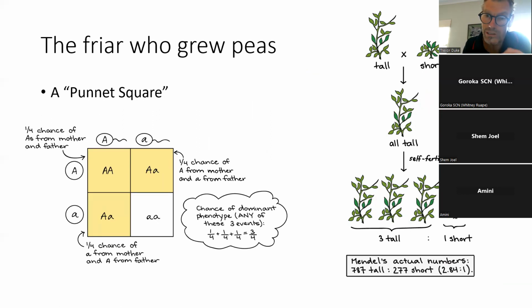He worked out that if you cross a tall pea plant with a short pea plant, then the result is you get all tall peas. But if you then allow that tall pea plant to self-fertilize, then 1 in every 4 of those pea plants, or roughly 1 in 4, will be a short one. And you might recognize already the Mendelian pattern of inheritance that is being displayed here.